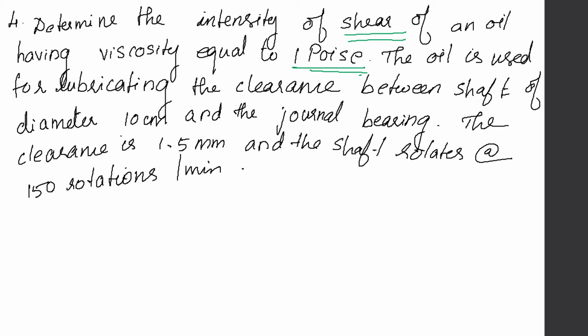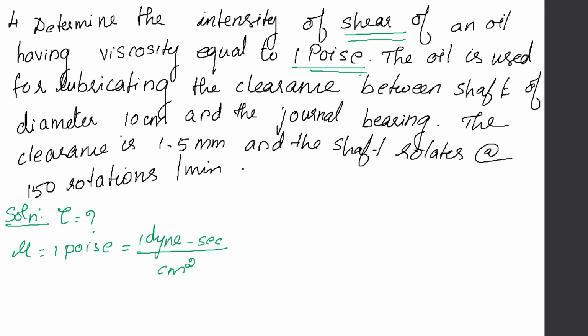So we will go for the solution. We need to find what is tau. The viscosity is given as 1 poise, that is nothing but 1 dyne second per centimeter square. So we will get 0.1 Newton second per meter square.